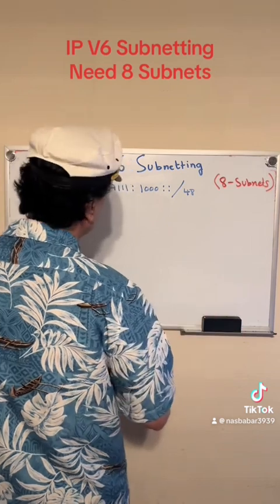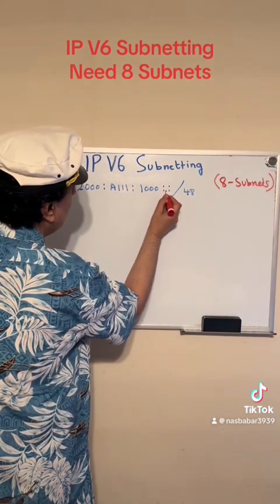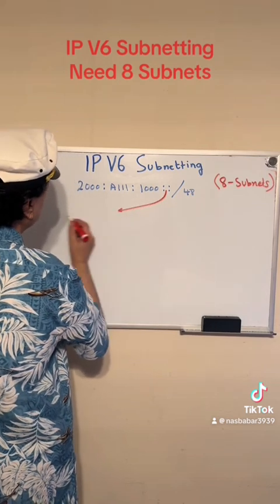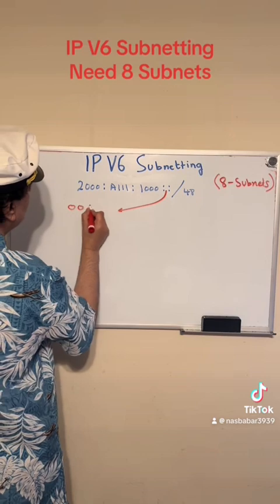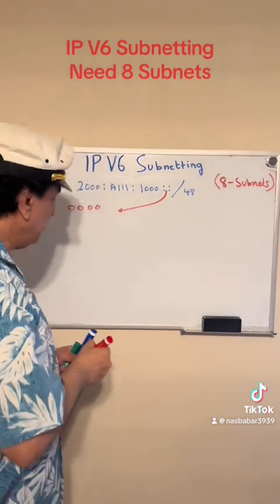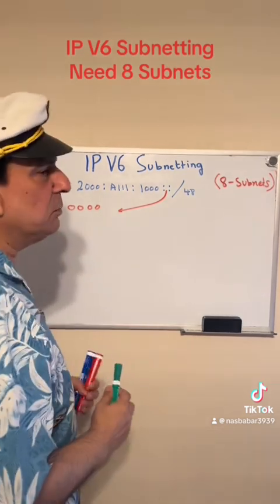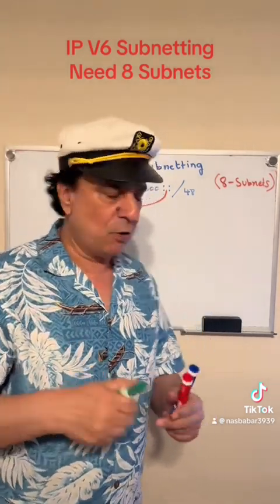So as you know, these 2 colons right here have implicit 4 hexadecimal numbers, right? Now these 4 hexadecimal numbers, each hexadecimal number has 4 bits in binary form.